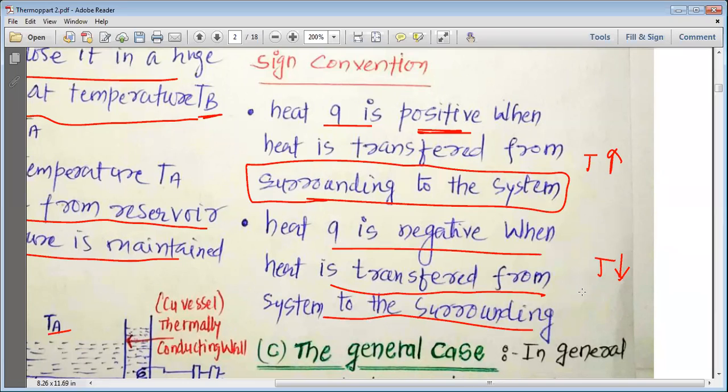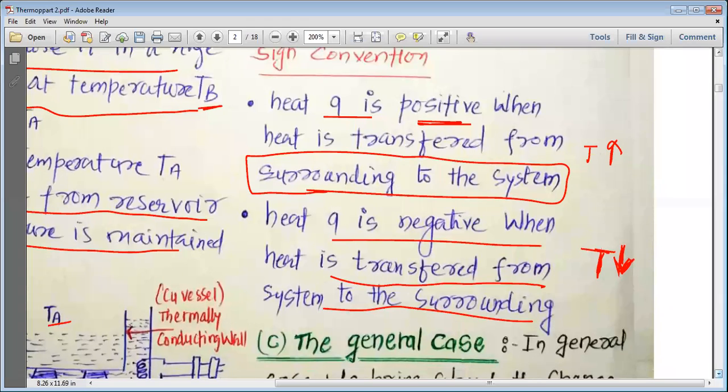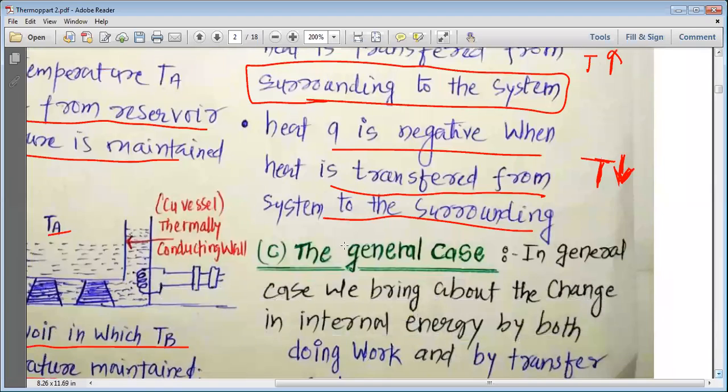So if the heat is transferred from the system to the surrounding, the temperature of the system will decrease. And thus if the temperature of the system decreases, we can say that the value of Q is negative for the system. Now as the heat goes to the surrounding, the value of Q will be positive for the surrounding. But for the system, we should say it is negative.